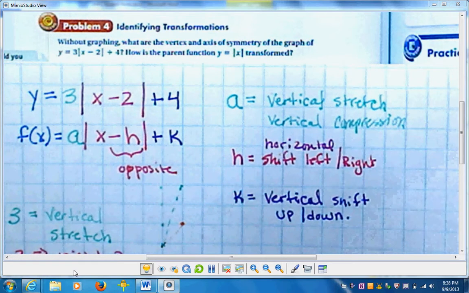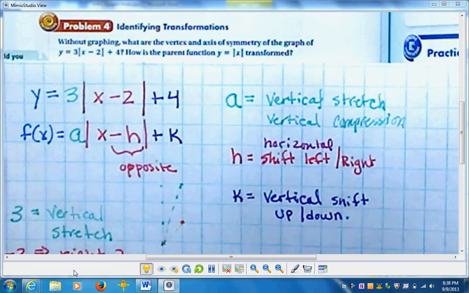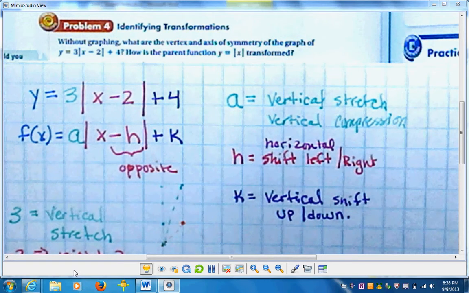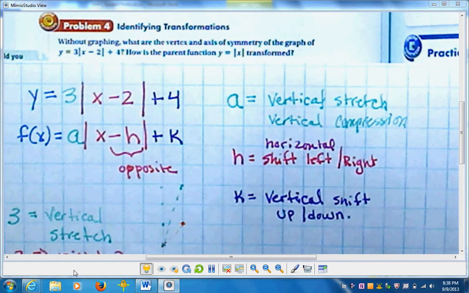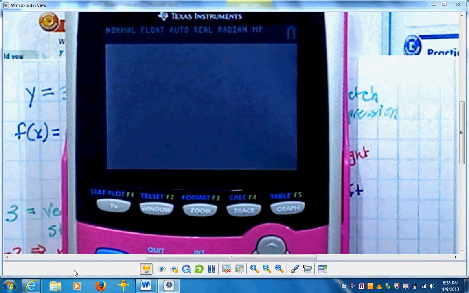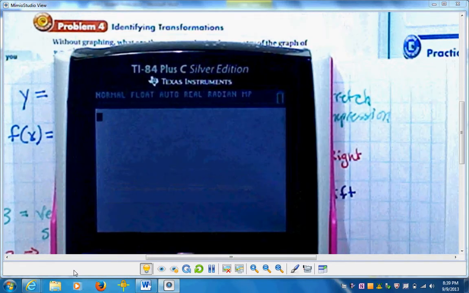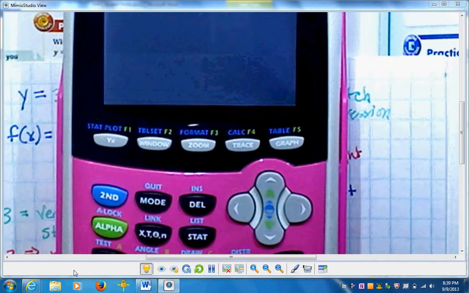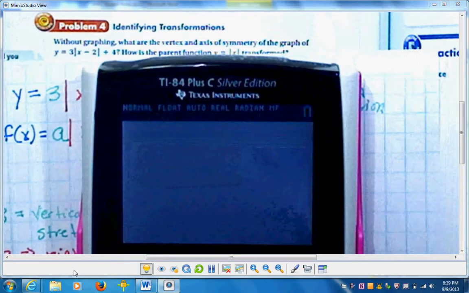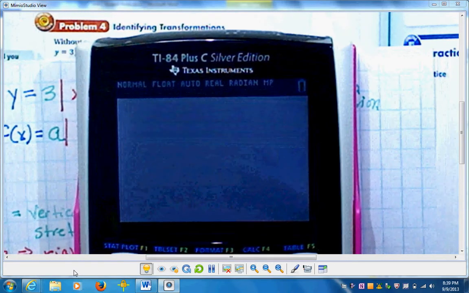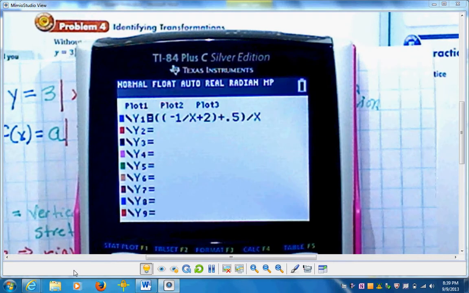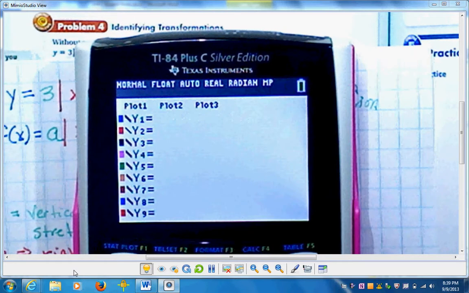Okay, so it also asks us for the axis of symmetry. So the axis of symmetry has to do with where, if I fold this in half, it would be the middle. We're going to cheat. We're going to look at the calculator. So I'm going to go to the y equals, there we go, it wasn't on. Let me clear what I have in there.